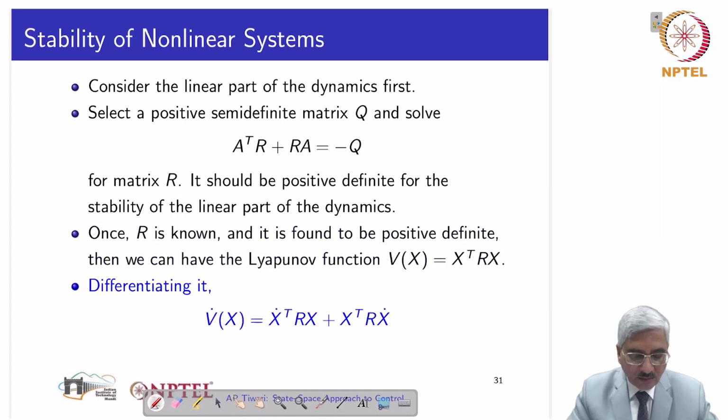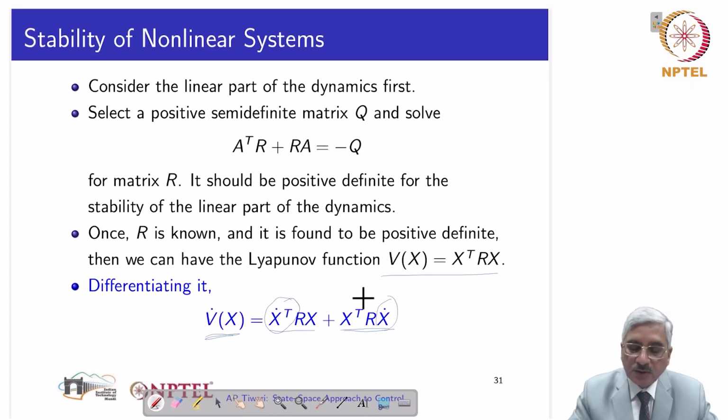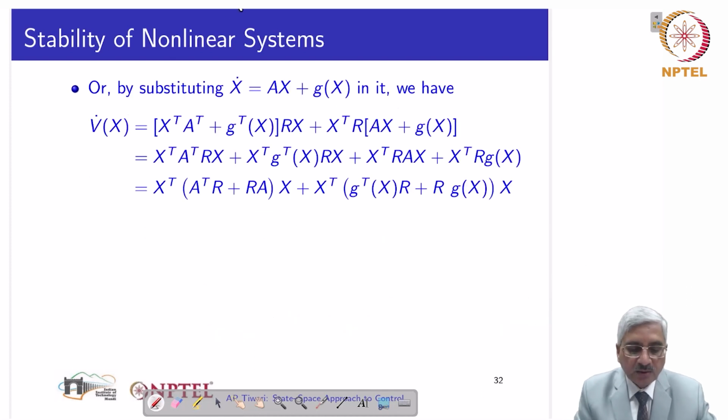And then we differentiate it to get V dot as x dot transpose Rx plus x transpose Rx dot. And in both the places we substitute, because x dot is Ax plus Gx. So we will make this substitution in place of x dot at both the places.